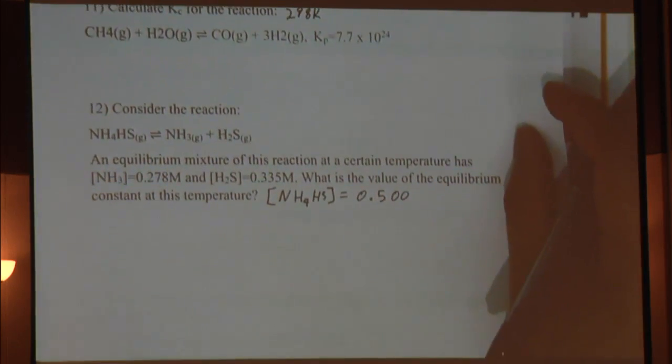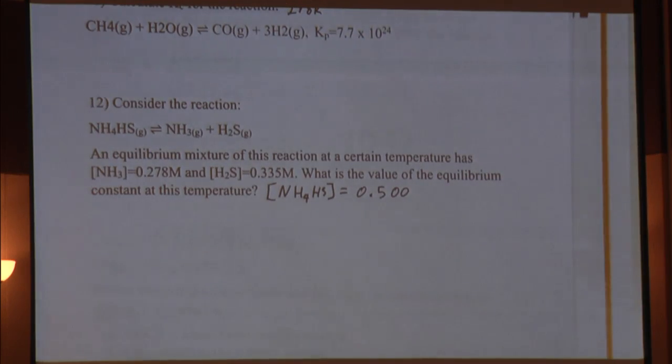So your practice problem is the same. Consider that reaction and find the value of K. And let's give this one a minute.